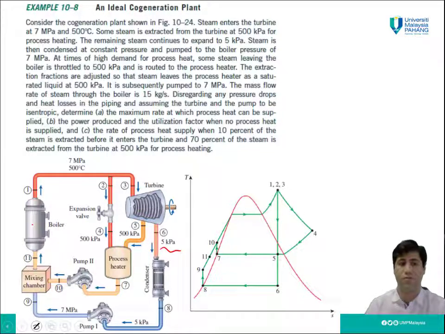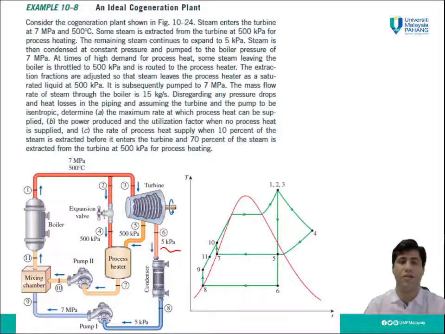It will go again to the turbine, and its pressure stays 7 megapascal, just its temperature is increased. At times of high demand for process heat, some steam leaving the boiler is throttled to 500 kilopascal and is routed to the process heater, like what we have here.